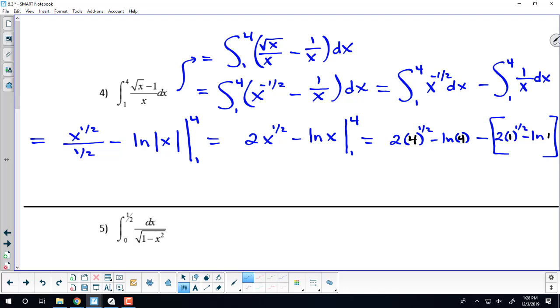So we have 2 times the square root of 4, 2 times 2, minus the ln of 4. And we'll just leave our answers exact. We have minus 2 plus ln of 1, or plus 0.